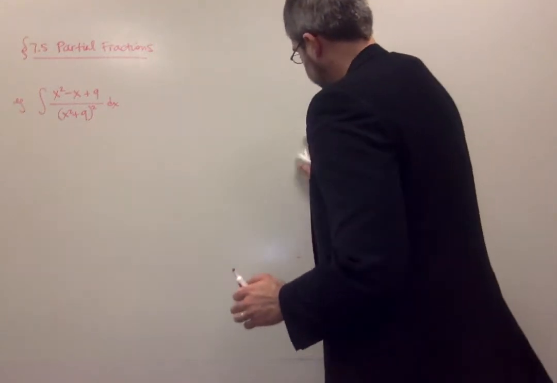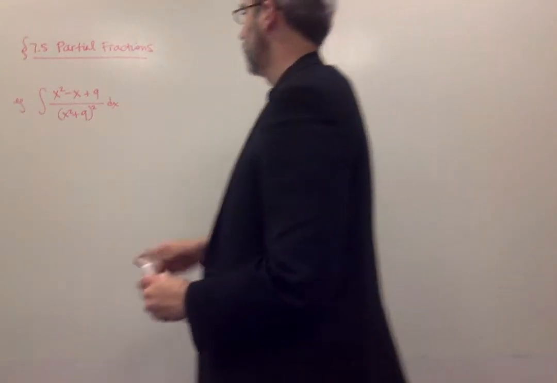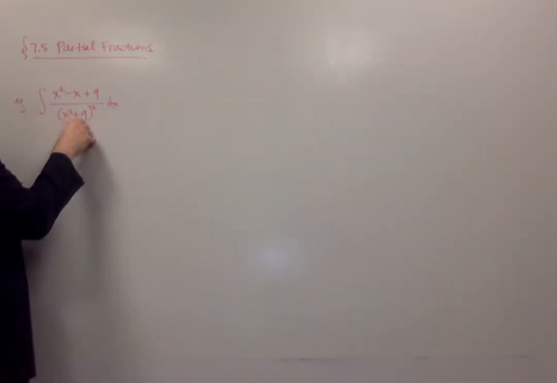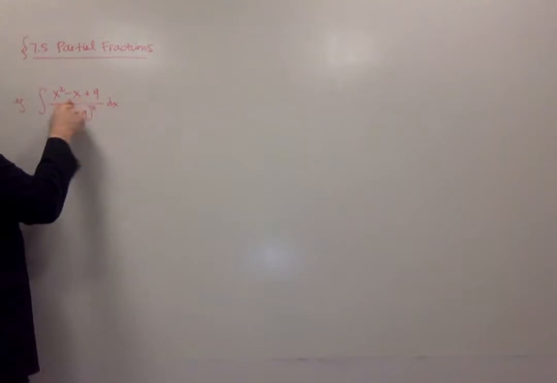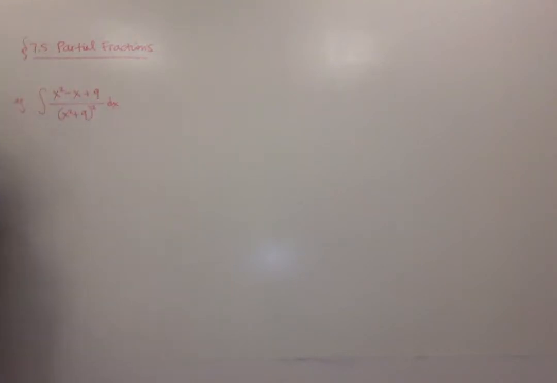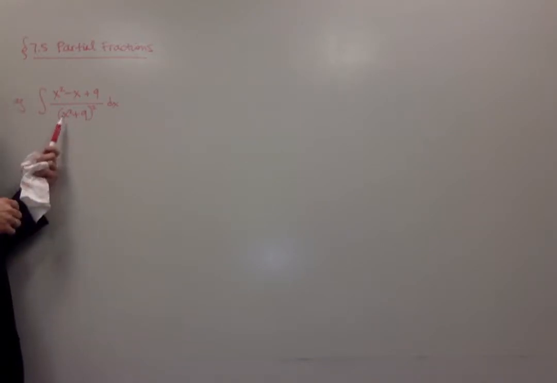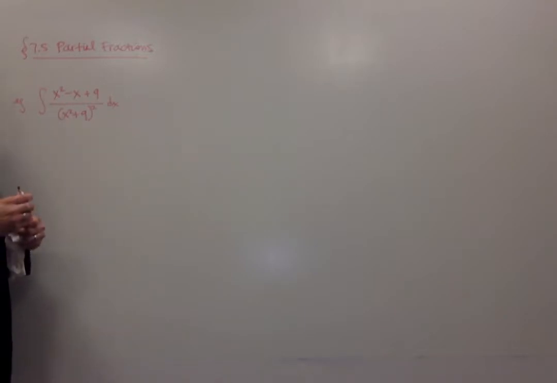For substitution, I do have a composition here. If I let u equal x squared plus 9, there is no du up here. So that's not going to work. No, I don't want to do integration by parts. No trig functions and no clear trig substitution. That may come later. So I'm left doing partial fractions.